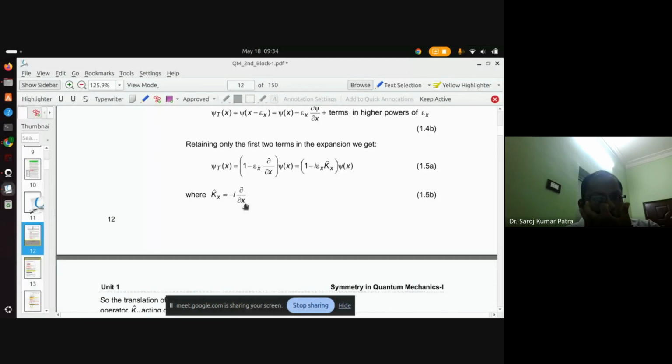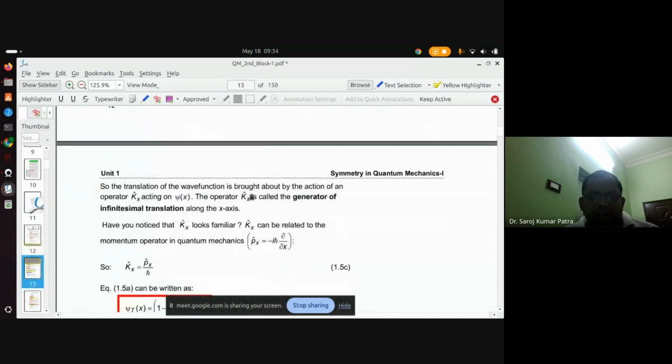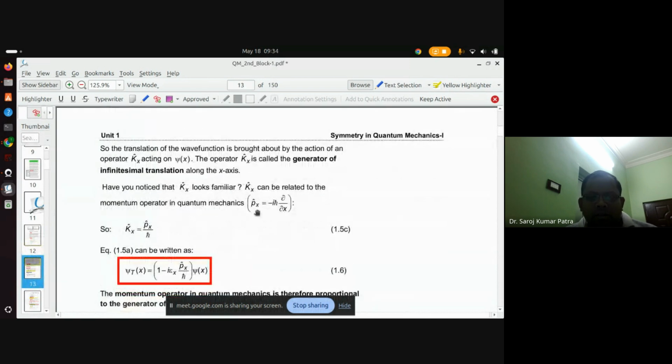Now, if we have an h cross, then it will be familiar, right? You are familiar with this one, the momentum operator, right? So Px cap is equal to minus i h cross del by del x. This has already been covered in quantum 1, isn't it?